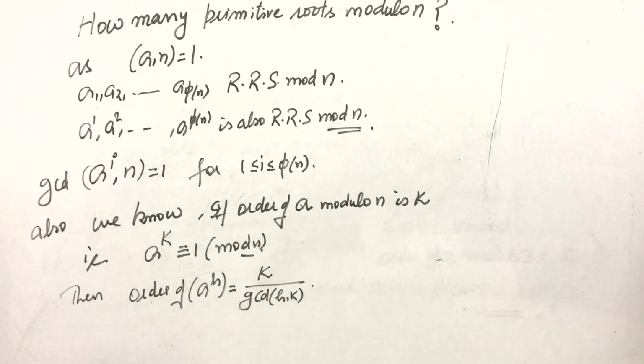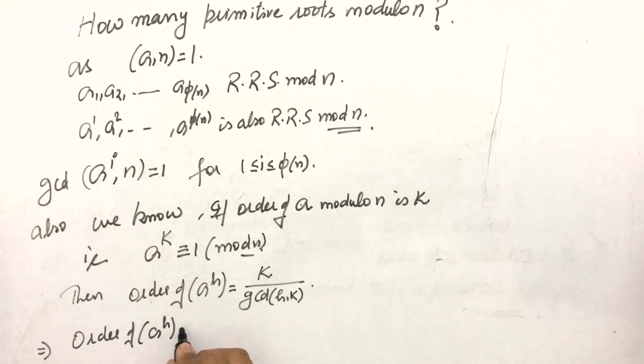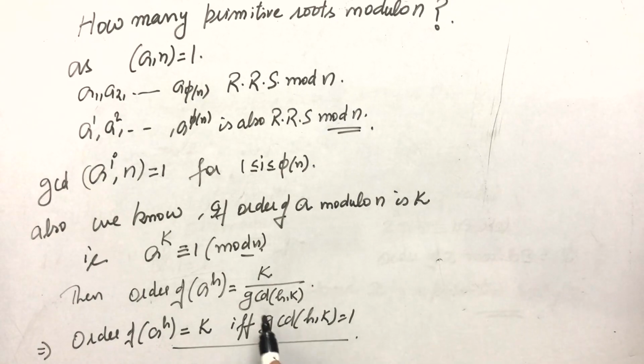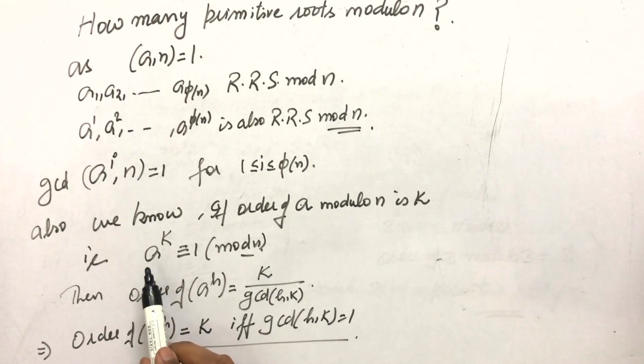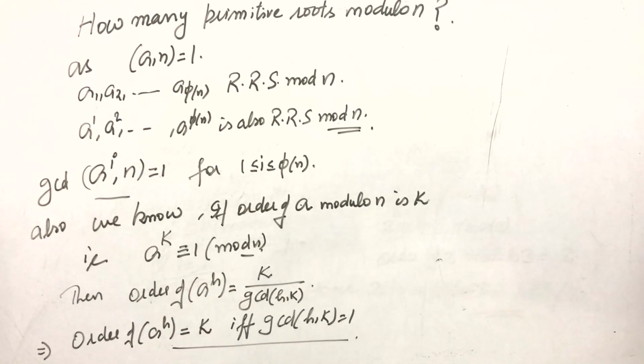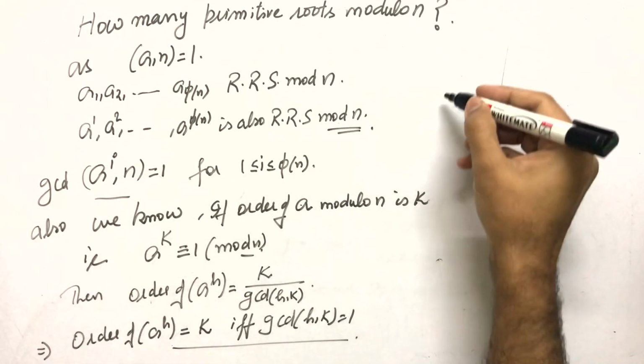Now using this property, we can easily write that the order of a power h is the same k if and only if this GCD of h and k is 1. If this denominator is 1, then the order of a power h is also equal to k, which is the same as the order of a.